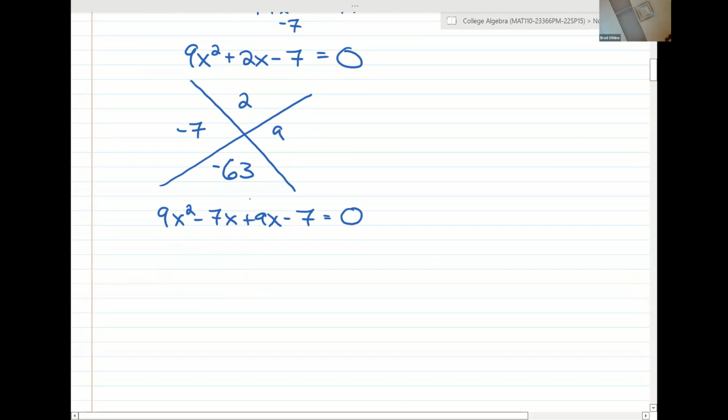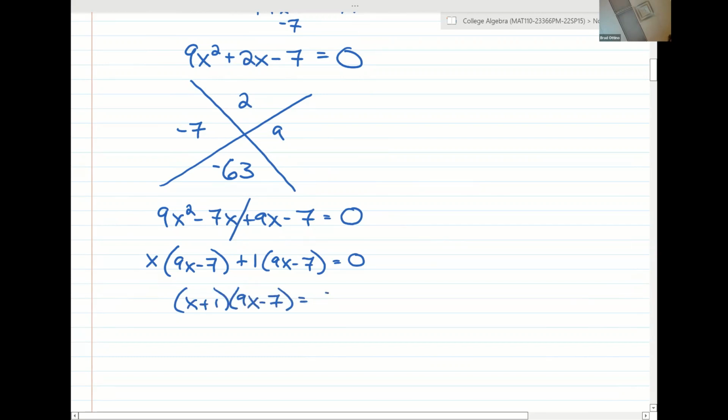Cutting it down the middle, we can take out an x, and we're left with 9x minus 7. Take out a 1, we're left with 9x minus 7. So factored, we get x plus 1 times 9x minus 7. So x plus 1 is 0, so x is negative 1. 9x minus 7 equals 0, so x would be 7 over 9.